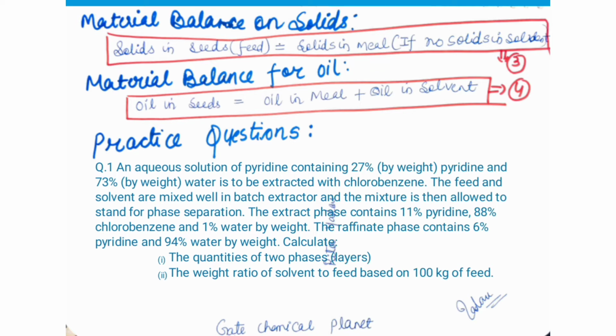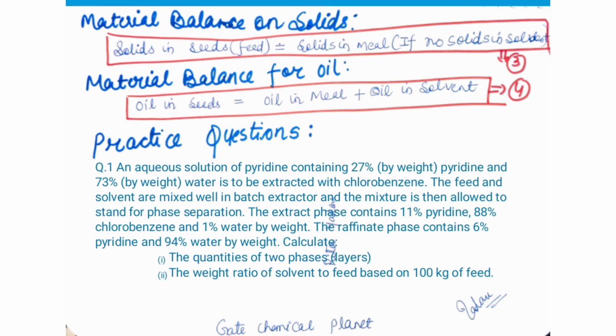The extract phase contains 11% pyridine, 88% chlorobenzene and 1% water by weight. The raffinate phase contains 6% pyridine and 94% water by weight.